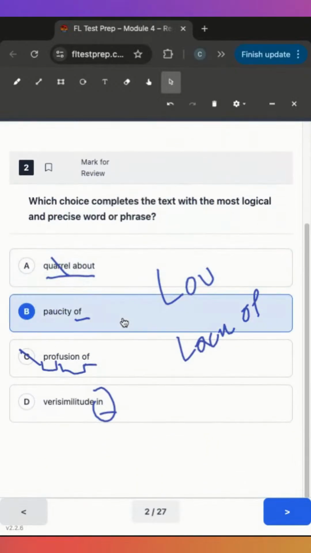They use many of studies. So profusion of studies is probably the correct answer for this question because of at the end. So a lot of the times you don't need to memorize endless vocab. Use those transitions, use those strong words, break it down by prefix, suffix, and then notice when it says of versus in versus about and choose the best answer. So B is the correct answer for this question.